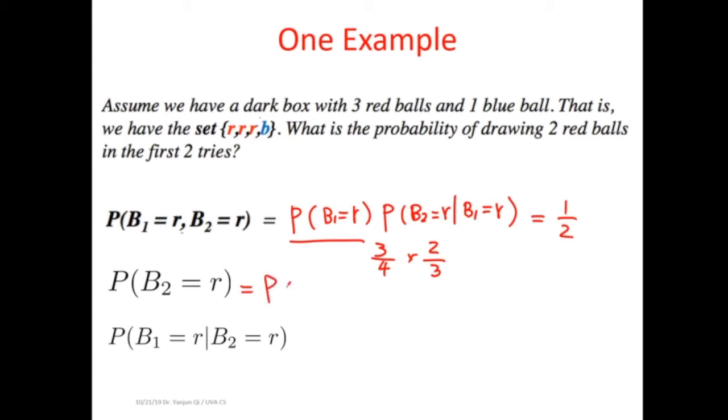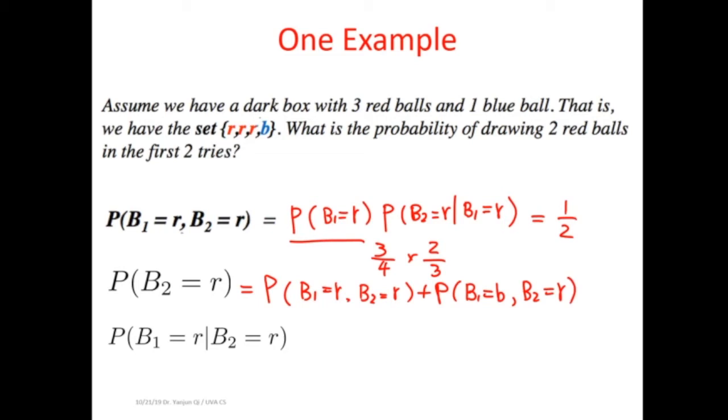So this really is B1 equals R and B2 equals R, plus B1 equals B and B2 equals R, because there's no other possibility at all.